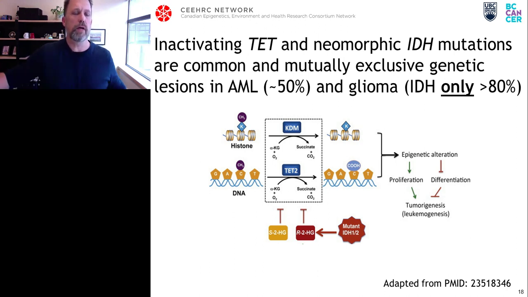So just to reiterate that point and give a little bit more detail, in the next slide now I'm showing you the mechanism by which DNA methylation homeostasis is maintained. So you can see on the left-hand side, we have DNA that's methylated. So you can see a cytosine that's methylated, and TET2 through alpha-ketoglutarate then hydroxymethylates the cytosine.